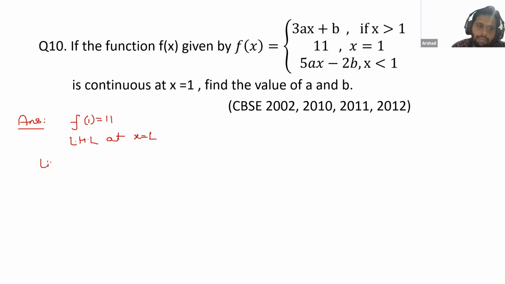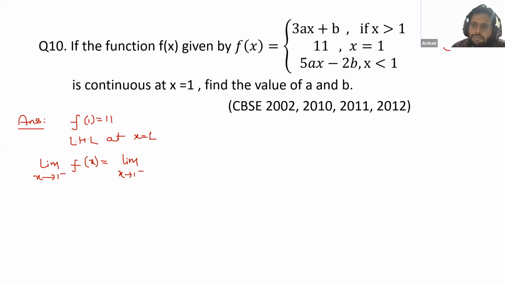Okay, so limit x tends to 1 minus f(x), and this is equal to... Noma, which function will we choose for 1 minus? Third.